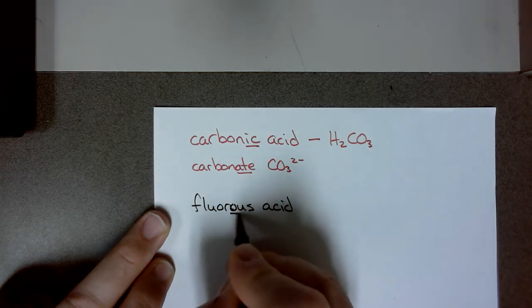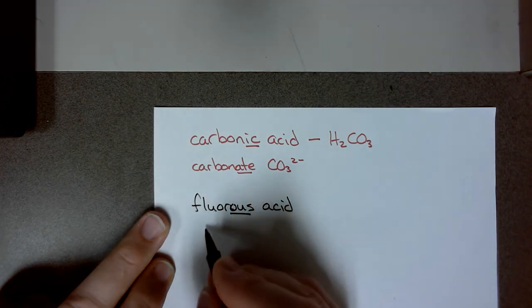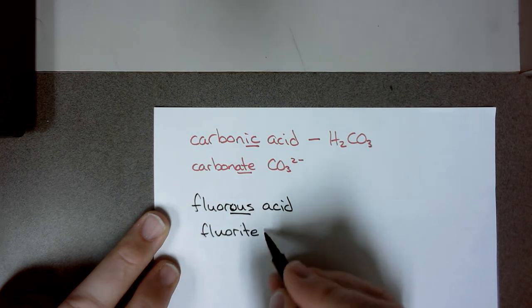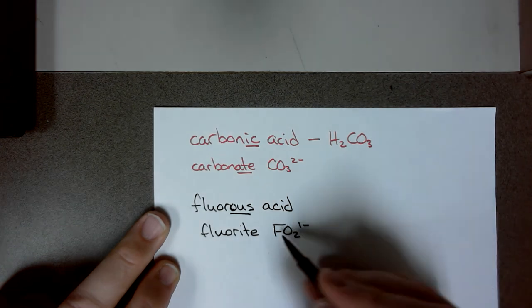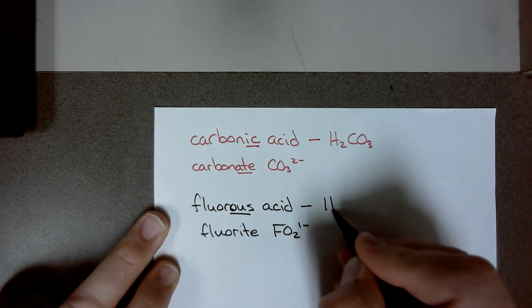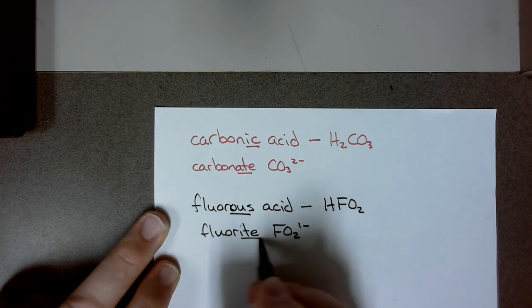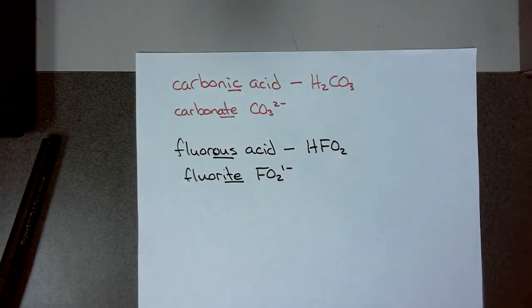So I look at the us, and remember us goes to ite, so this would be the fluorite anion, and fluorite is FO2 1 minus, and so my acid formula would be, since there's 1 minus, HFO2, and so us goes to ite. Remember, ite ions.